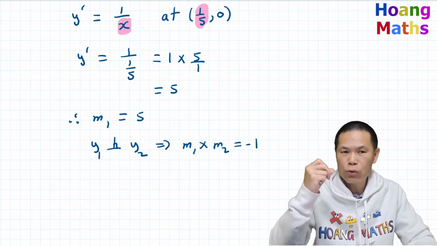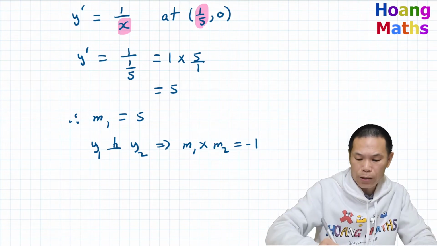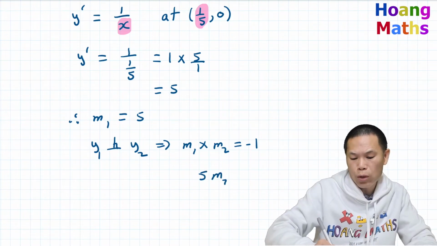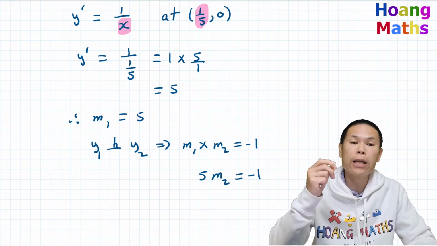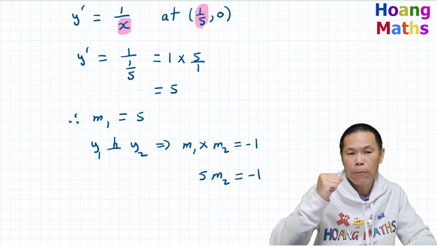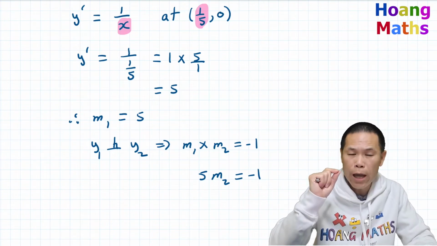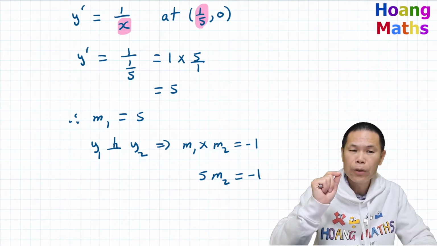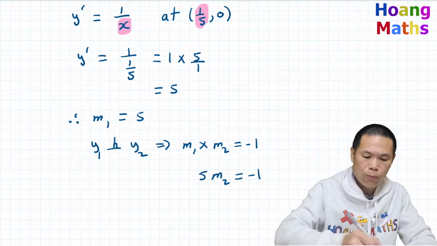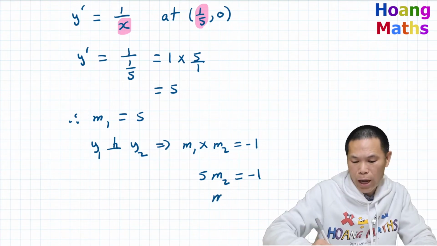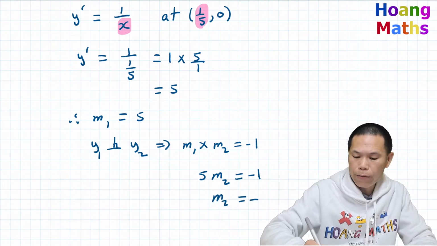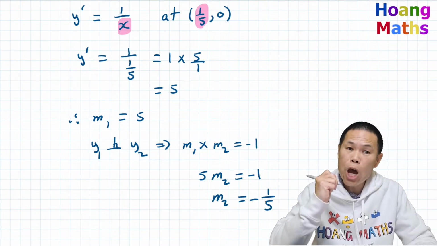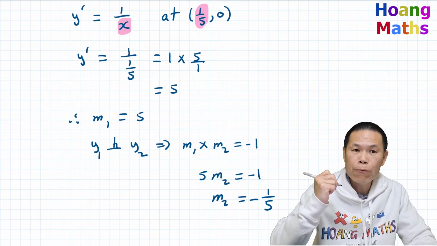So we substitute m1 in: 5 times m2 is equal to -1. Or you can just write 5 times m is -1. The reason we use m1, m2 is just to identify their different gradients. Just remember that. If we divide by 5, m2 is -1/5. So therefore, the gradient of the normal is -1/5.